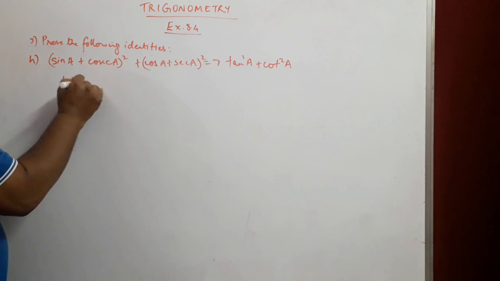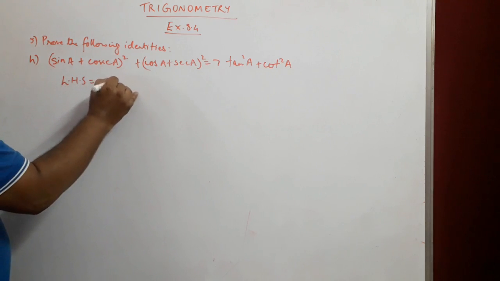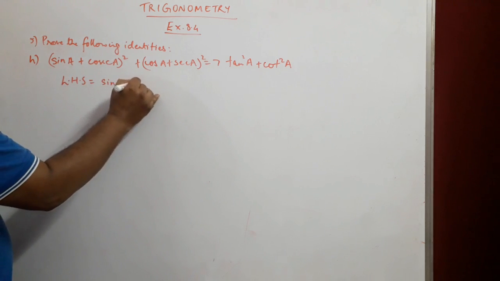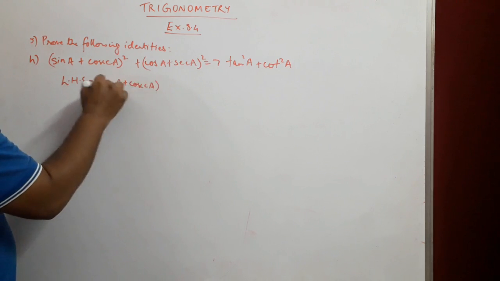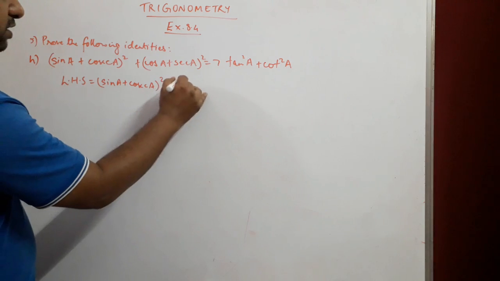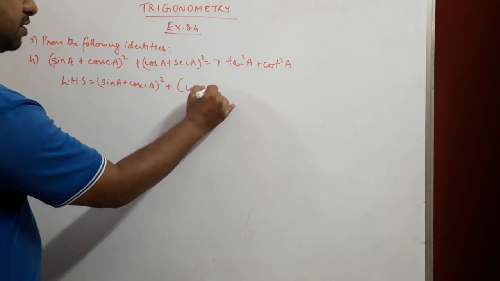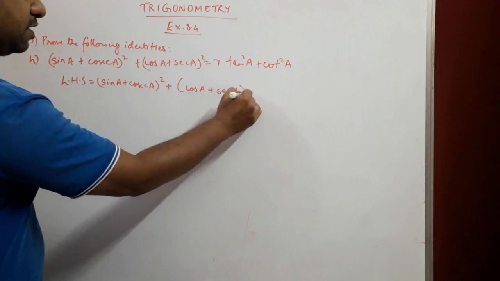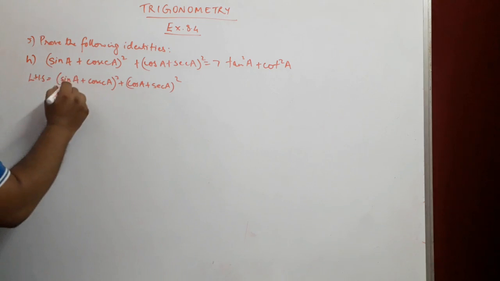Our left hand side is equal to (sin A + cosec A) whole square + (cos A + sec A) whole square, and this is (A + B) whole square.